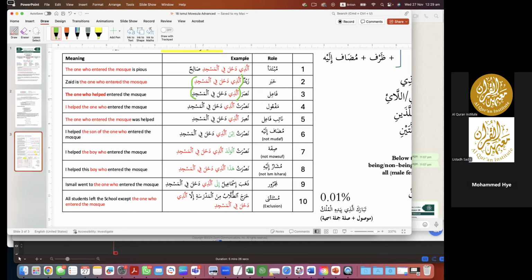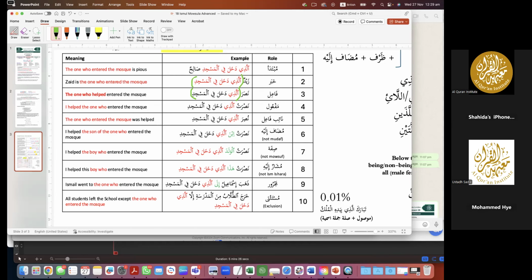Ibn alladhi, just let's talk about it. Ibn alladhi, what is that? Son of that. Ibnu has become Ibna. Why? This is also maf'ul bihi. Ibna is maf'ul bihi.